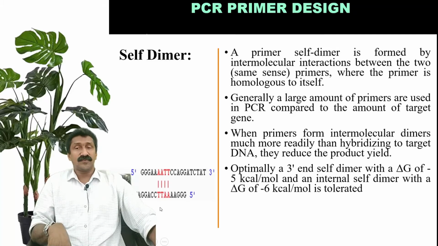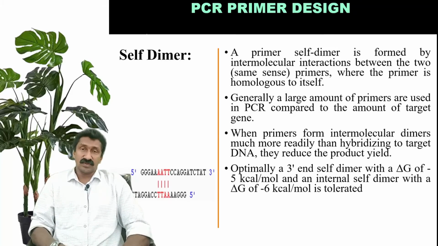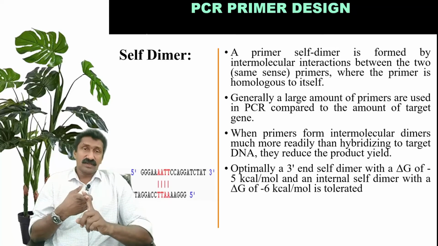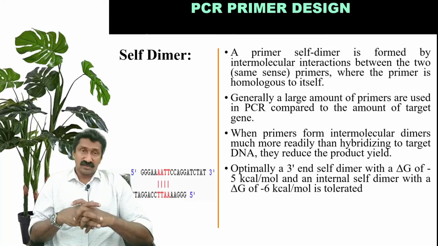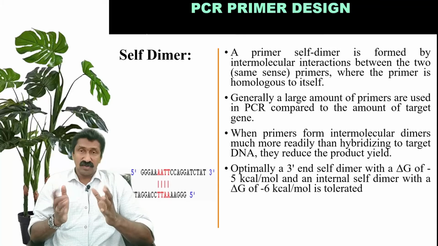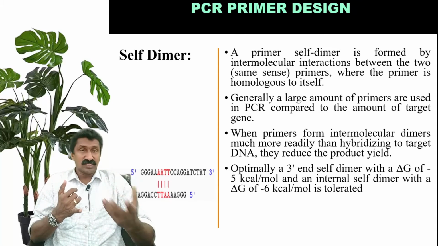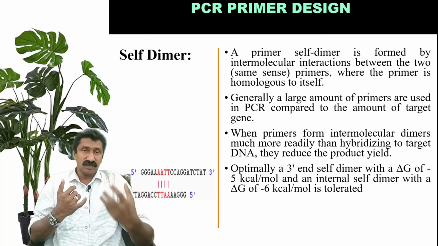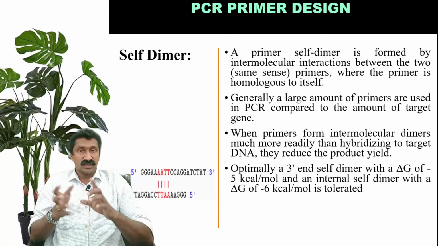This type of self-dimer formation is another type of secondary structure that affects the quality of the primer. A primer self-dimer is formed by intermolecular interactions, not intramolecular, between two primers of the same sense, either forward or reverse. So the primer is homologous to itself.